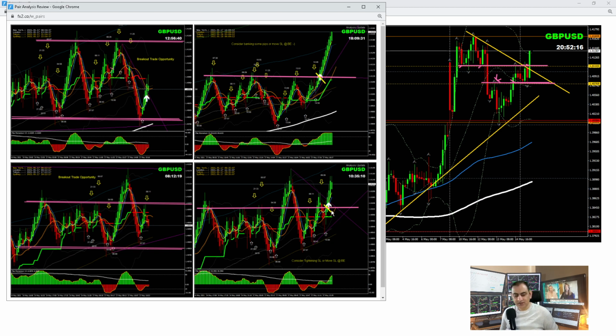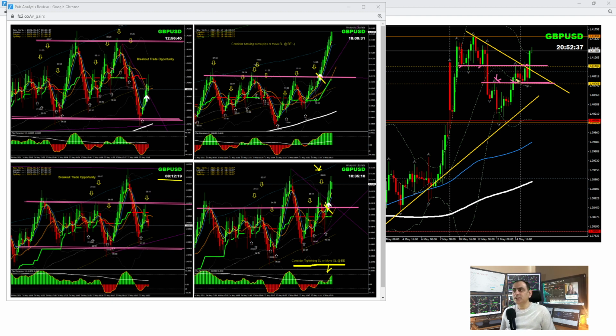That was the breakout trade in the London morning session. We did this analysis, and price broke based on the momentum, and as soon as the price hit the pip channel, that's what we explained to our traders: it's time to consider tightening your stop loss or move your stop loss to break even, which technically came out at break even.